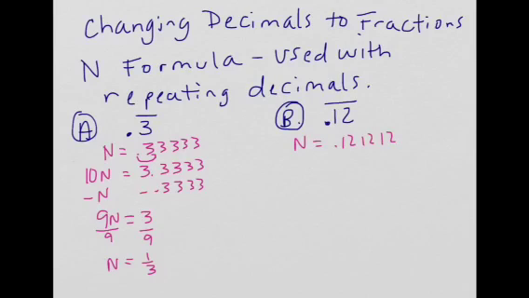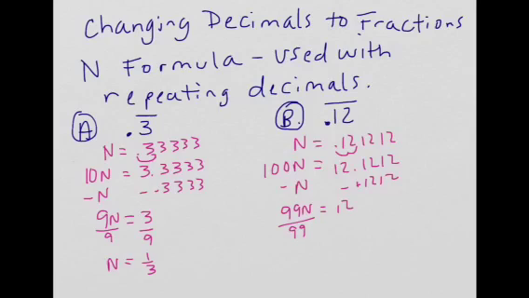0.121212. So now I have 2 digits that are repeating, so I'm going to have to multiply by 100. That moves the decimal 2 places. And now I have 2 digits that are not repeating. I'm going to subtract off an n, which is subtracting off the repeating digits, and that's going to give me 99n is equal to 12.